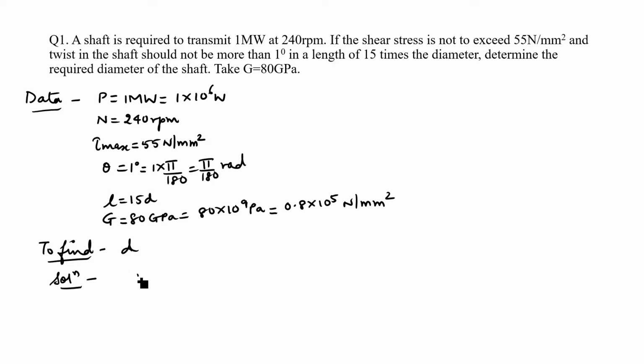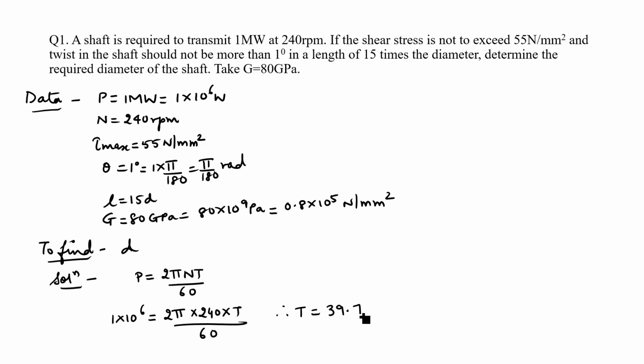Now first I'll start with the formula of power, that is 2 pi NT upon 60. Value of power is given as 1 into 10 raised to 6. It will be 2 pi, N is 240 into T by 60. When I solve this, I get the value of T as 39.788 into 10 raised to 3 Newton meter.